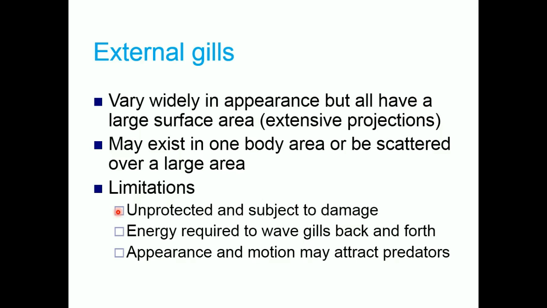If these external gills become damaged, that can potentially mean a very significant loss of blood. So very unprotected and subject to damage. I can imagine many animals out there, predators, looking for prey, and they see an external gill and they think, well, let's nibble on that first.